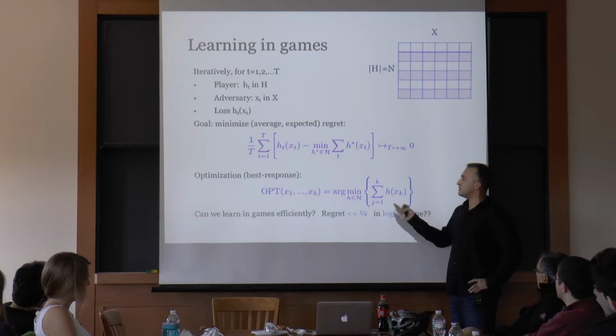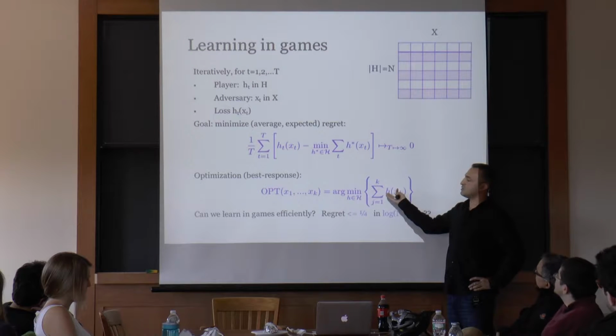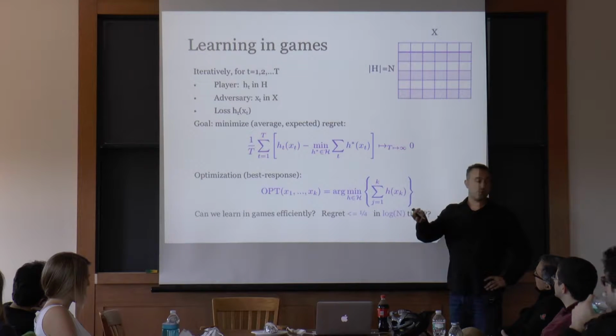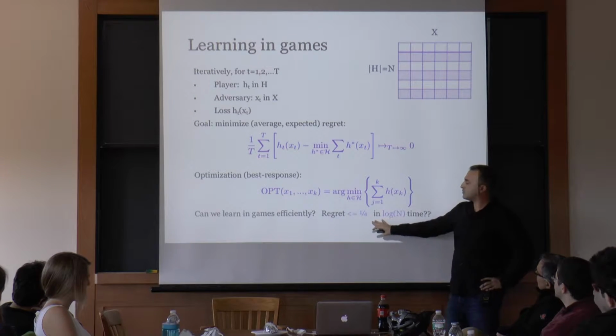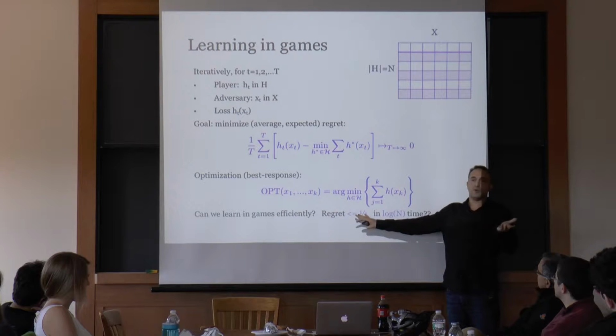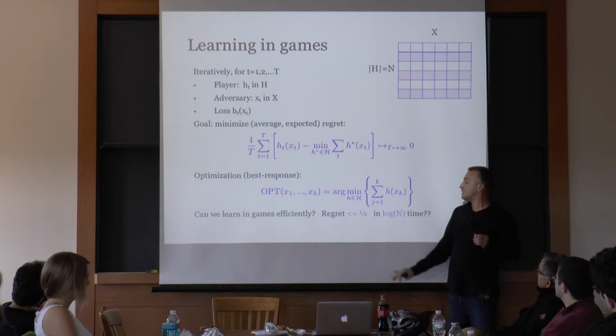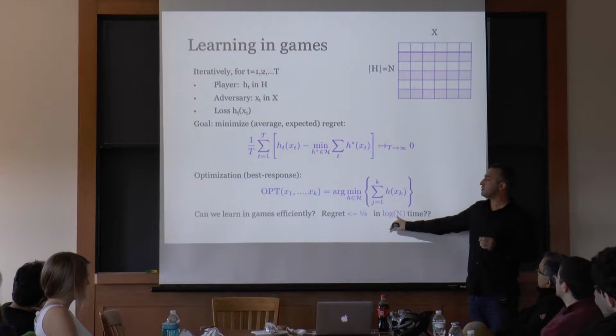Let's say that we have this general setting, and we have an optimization oracle because we know something about the problem. Can we achieve regret which is non-trivial, let's say less than 1/4 or any constant you want, in iterations which are logarithmic in the number of hypotheses, like Sanjeev was saying?